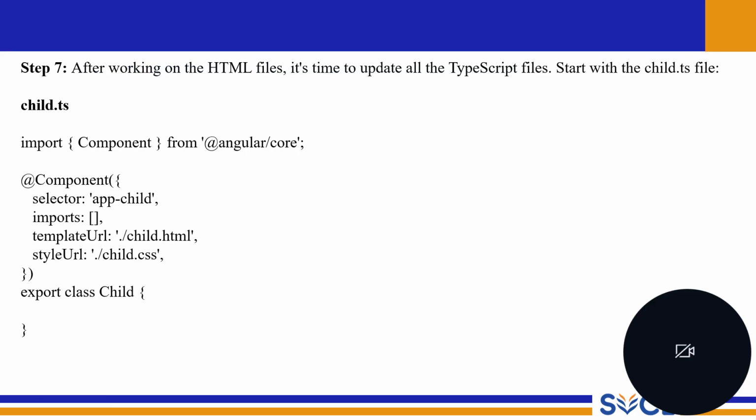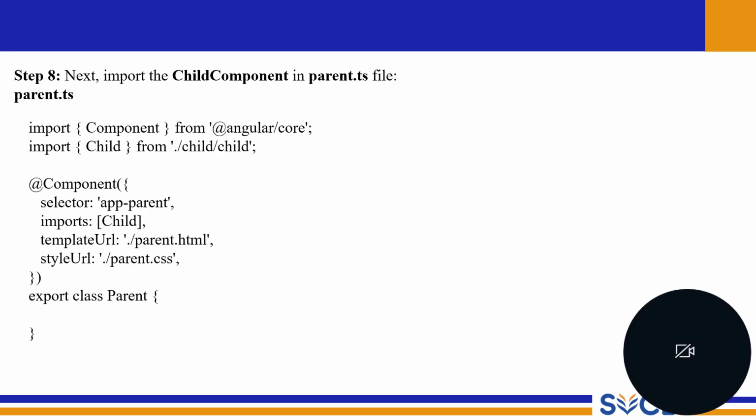After working on the HTML, it's time to update the TypeScript files. Start with the child.ts file. The child.ts file looks like this. In step 7, import the child component in the parent.ts file.